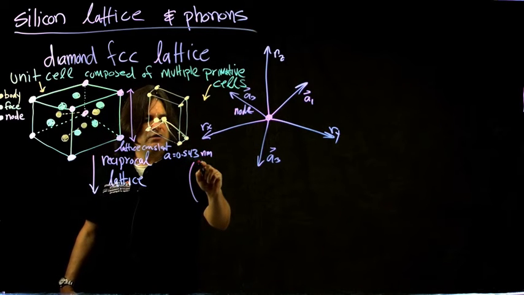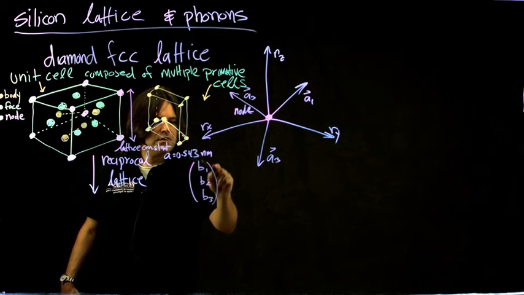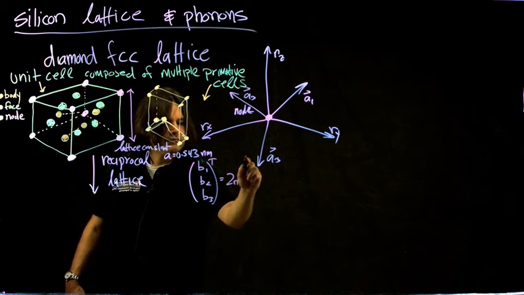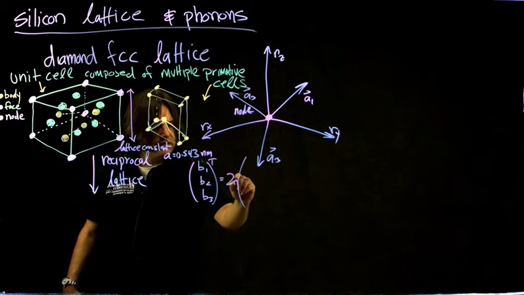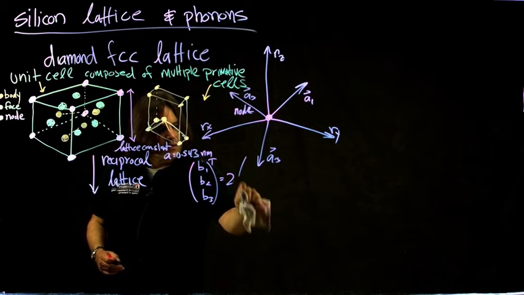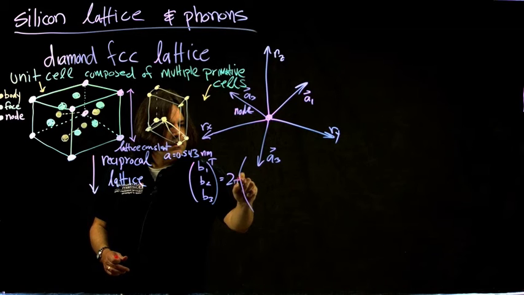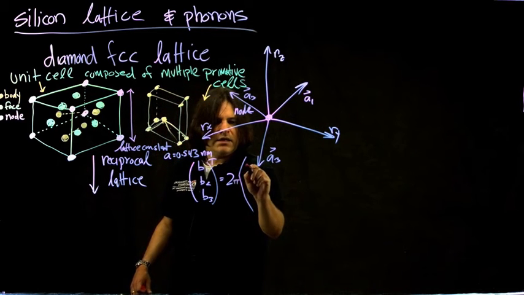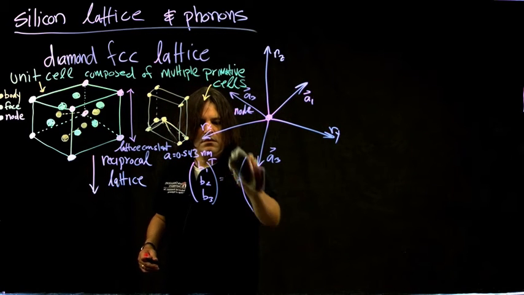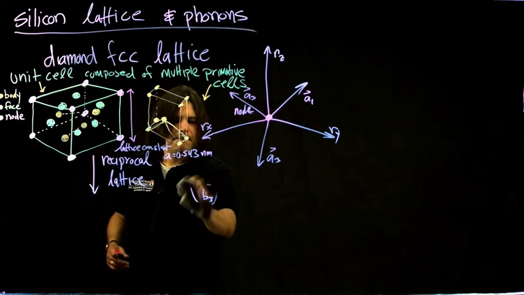So this new vector B, the transpose of that, is related to the inverse of the A vector.